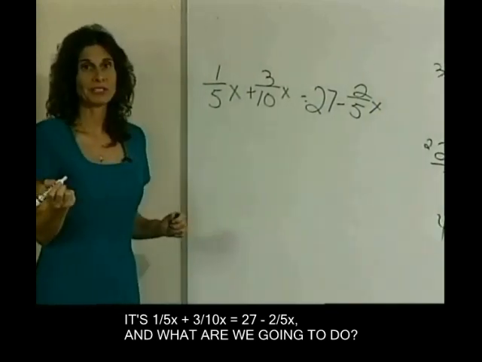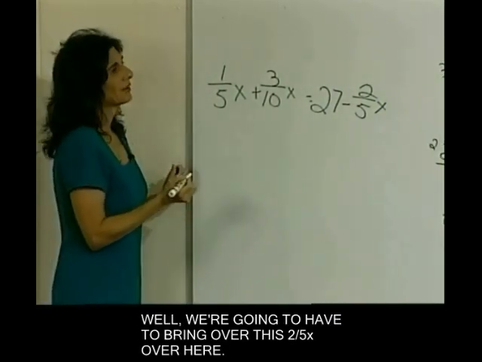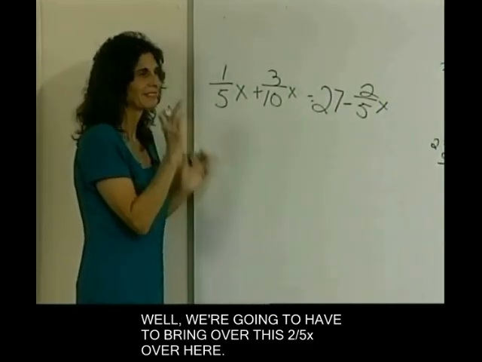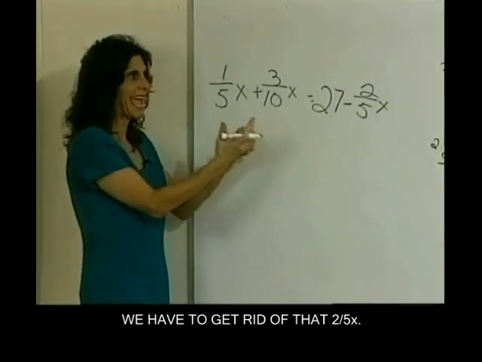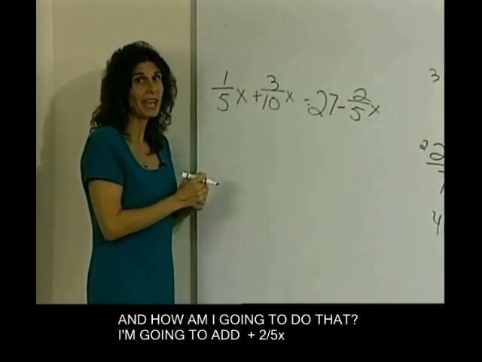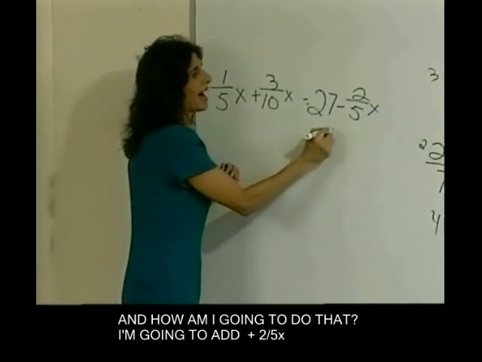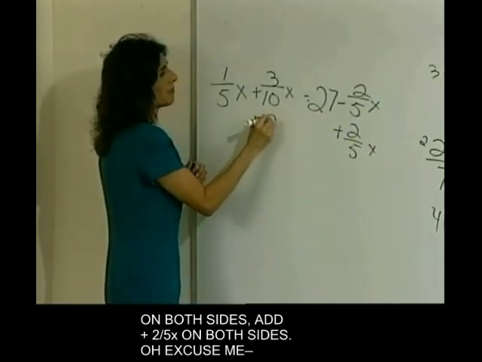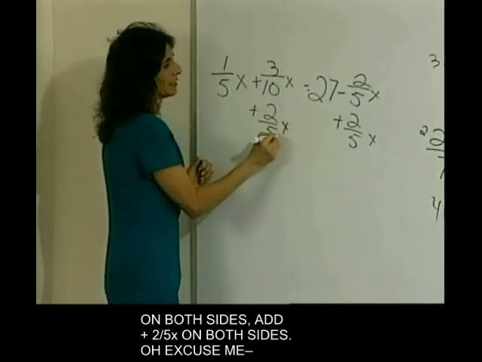And what are we going to do? Well, we're going to have to bring this 2/5 x over here. We want to have the x's on one side and the numbers on the other side. And how am I going to do that? I'm going to add a positive 2/5 x on both sides.